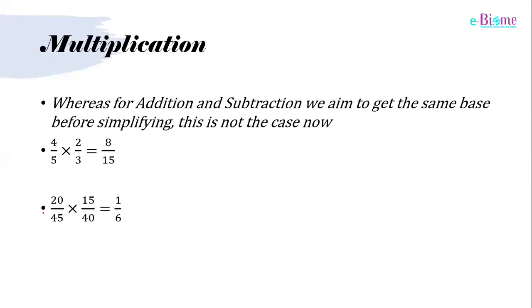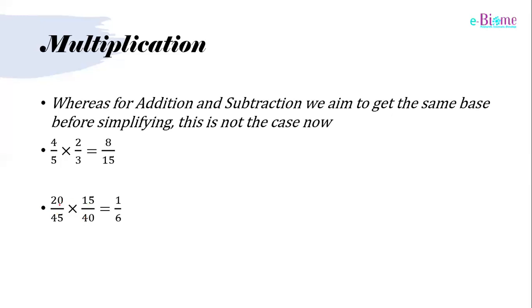So we look at the numerators and the denominators, and we seek to simplify further. Simplifying further simply means finding a common factor between a numerator and a denominator. It can be the 20 and the 40, or it can be the 15 and the 45.